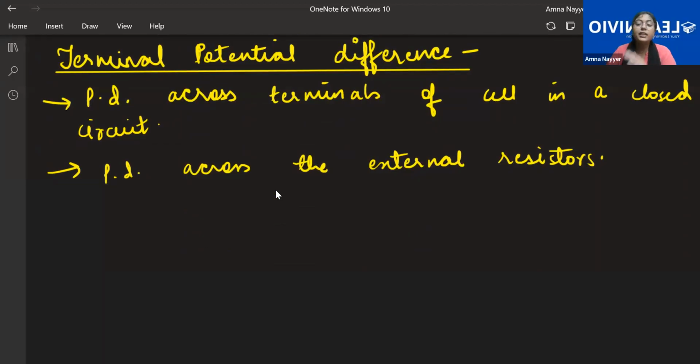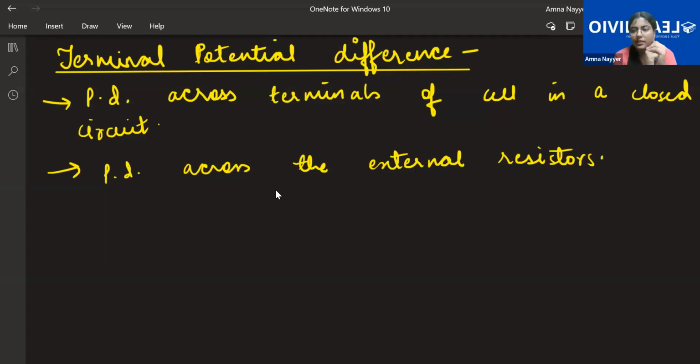See, what is the difference between internal resistor and external resistor? Internal resistance is the resistance which has naturally been provided by the cell itself. And the external resistors are the resistors that we deliberately connect in the circuit to modify the resistance, to modify current.